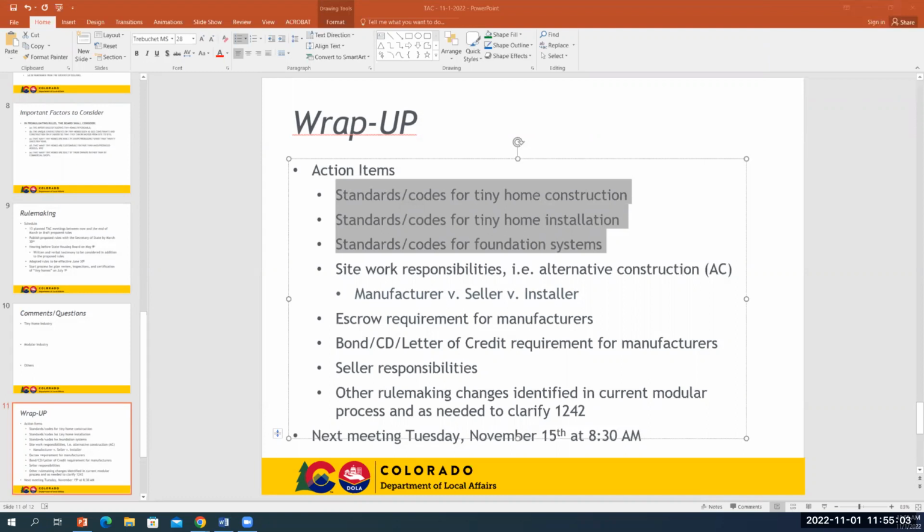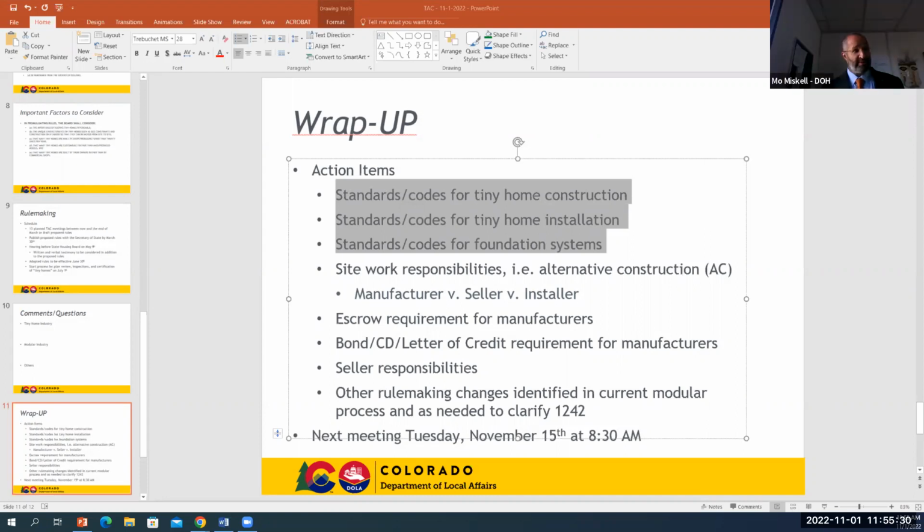Just like Eric said, I think we take the whole thing first and then break it down as we go. The one question I have is if we bring it underneath the IRC path, would our installers' licenses cover this? If we bring it underneath the ASTM path, is it going to require a different installer? Is it going to be a GC? Who's going to do the installation at that point?